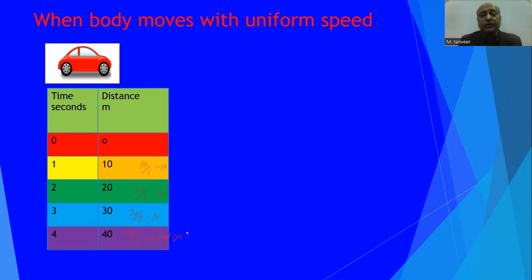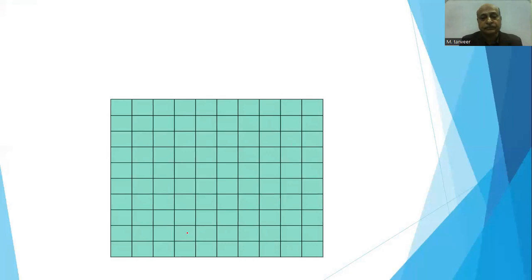Now you have to draw the distance time graph. This is the graph. We will take time and distance. So distance time graph will be in this shape. How this shape is obtained?